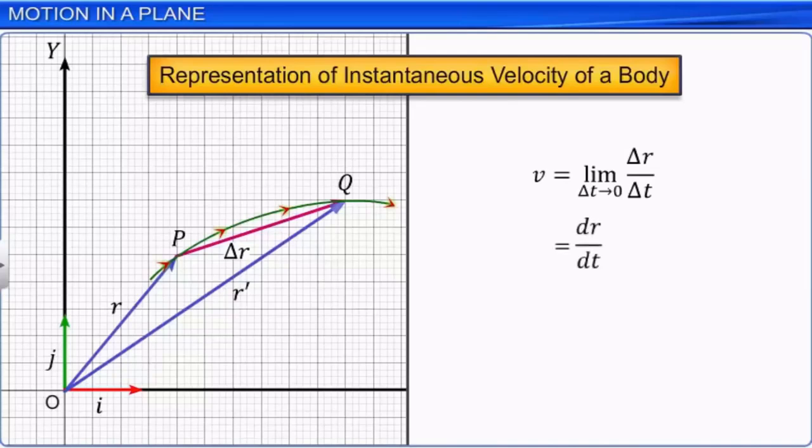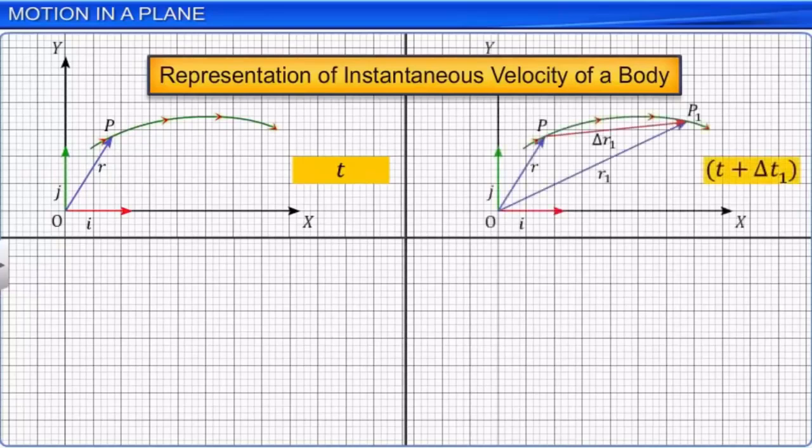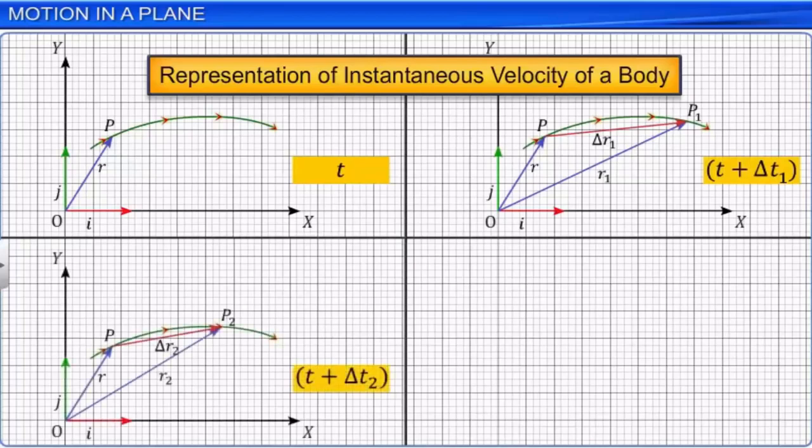Let us conceptualize this limiting process. When the body is moving along the curved path in the xy plane, it is at point P at time t, at point P1 at time t plus delta t1, at point P2 at time t plus delta t2, and at point P3 at time t plus delta t3.